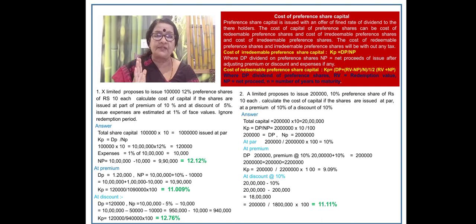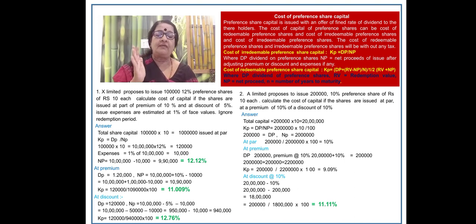And if any processing cost is incurred, that will also be adjusted to the amount, that is NP. So for irredeemable preference shares, KP equal to DP divided by NP in simple terms. One thing you have to remember is that here there is no tax at all. In the case of debentures, tax was payable, but here there is no element of tax in the case of preference shareholders.